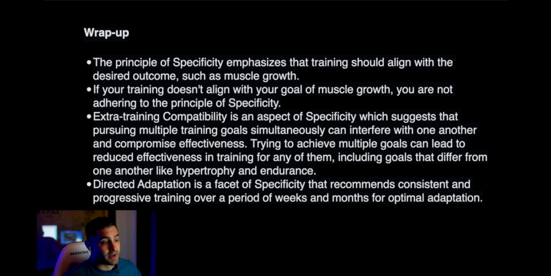And so extra training compatibility, like we talked about, you want the things you're doing outside of your training, especially cardio related, to not interfere with your training goals. And directed adaptation is just a facet of specificity that recommends consistency and progressive training over a period of weeks and months for optimal adaptation. So that is the principle of specificity.